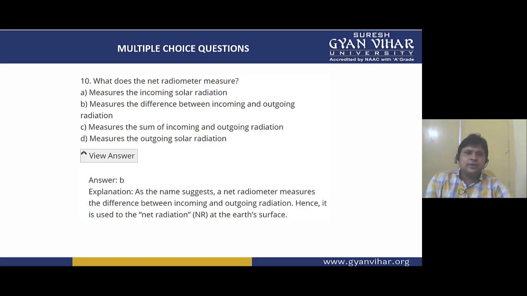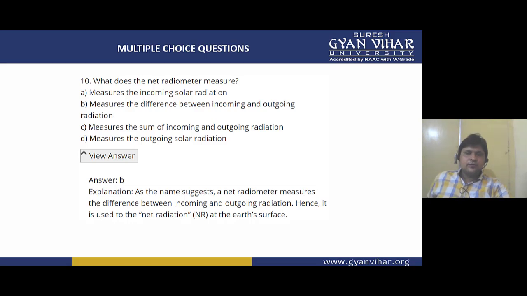If I talk about the sunshine recorder, let's have a quick revision of whatever we have studied. What purpose is it used for? It is used to measure the sunshine hours within a whole day. For example, when the sun rises in the morning, you get bright sunshine starting from 9 AM.